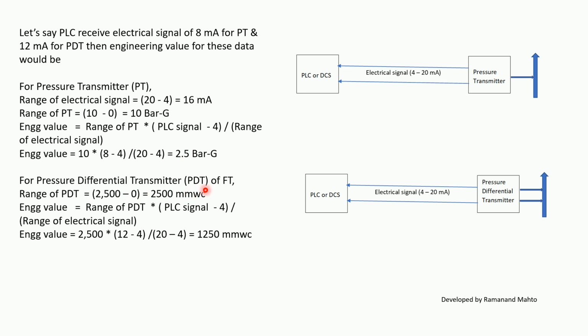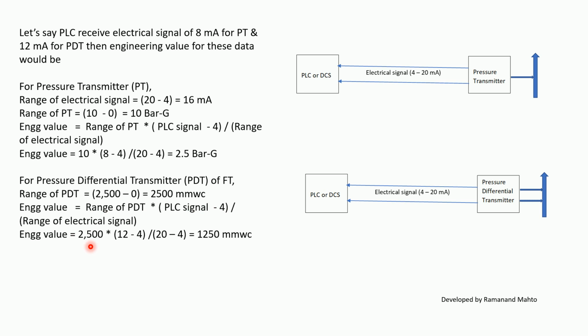For the differential pressure transmitter PDT of FT, the range is 2500 minus 0, which is 2500 mmWc. Engineering value will be range of PDT into PLC signal minus 4 upon range of electrical signal.